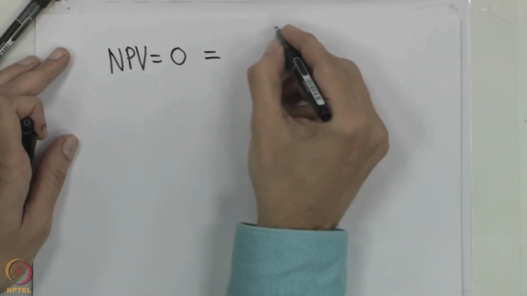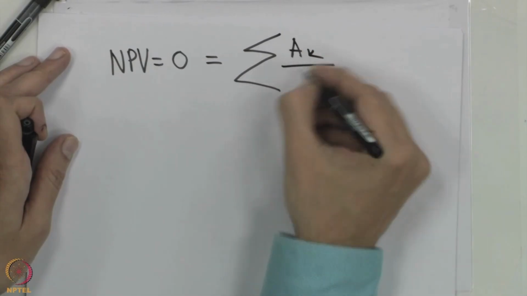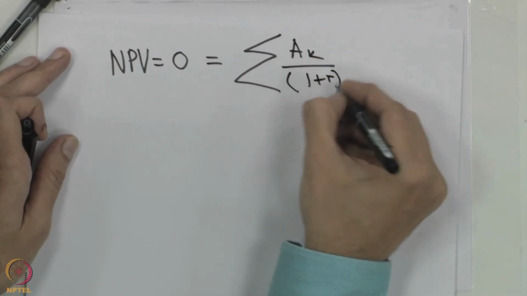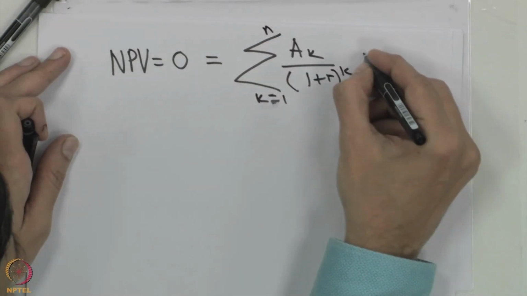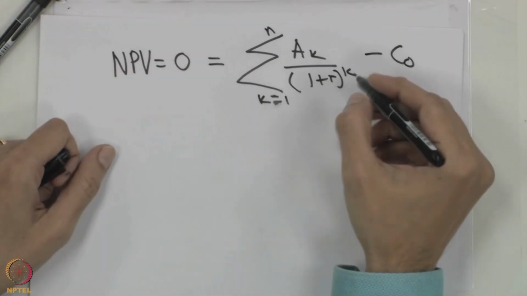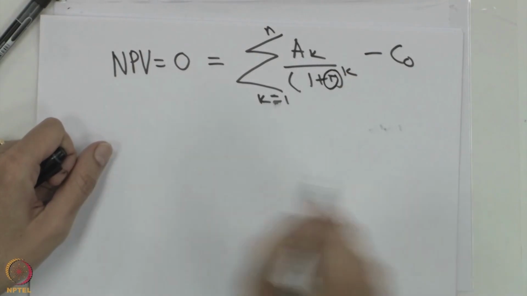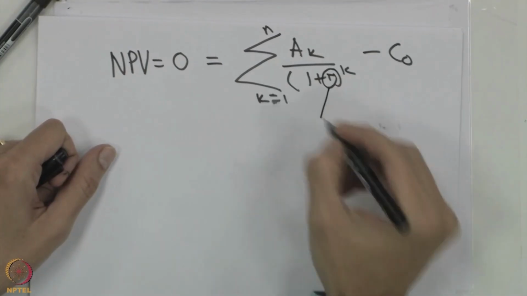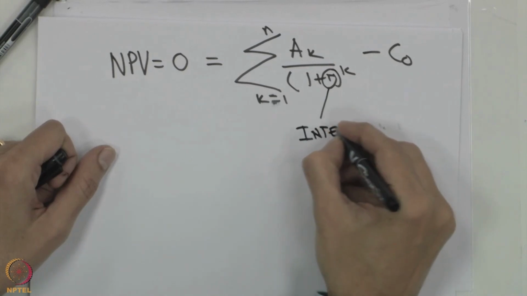That means we set NPV equal to 0 and solve for R. So, instead of taking the discount rate, we make this an unknown, set NPV equal to 0 and solve for R.